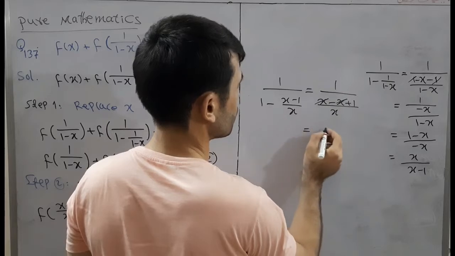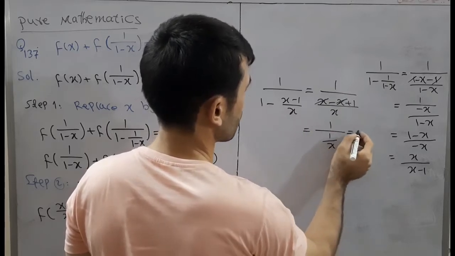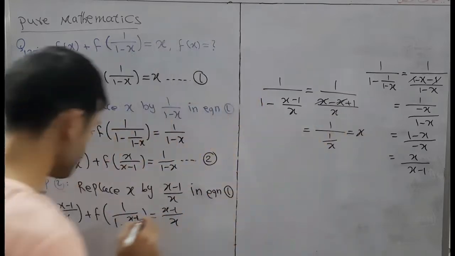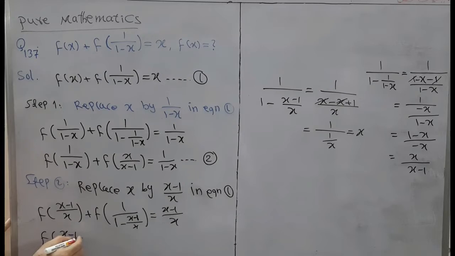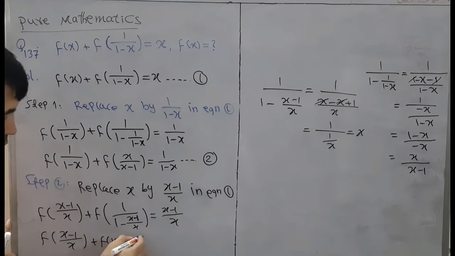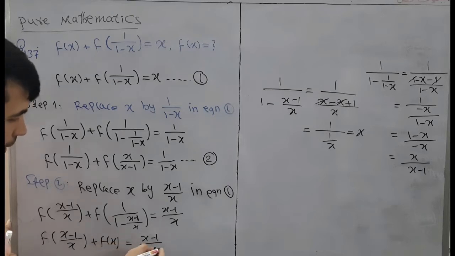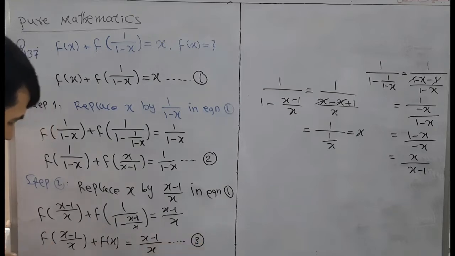It is equal to 1 over 1 over x, which is equal to x. Therefore, we can write f of x minus 1 over x plus f of x is equal to x minus 1 over x. We call this relation 3.